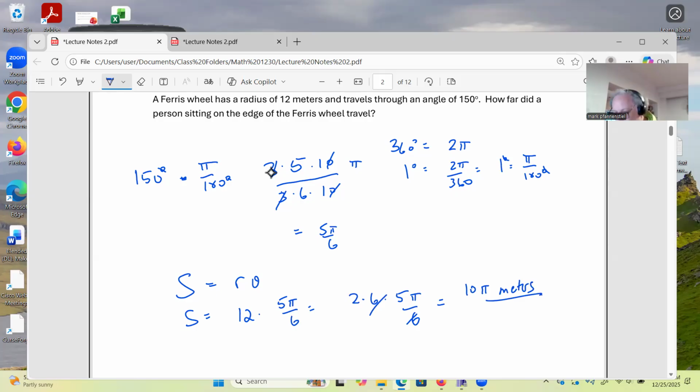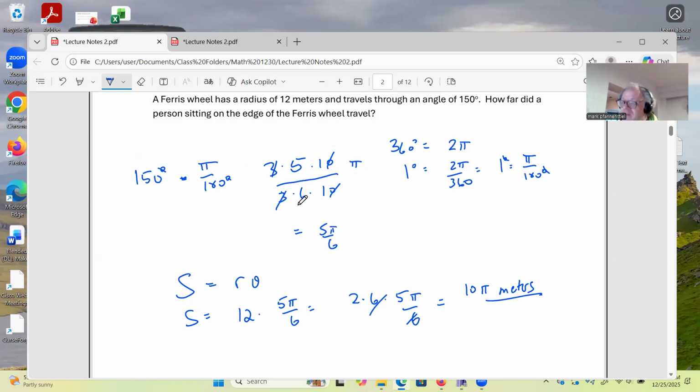Usually in your books, they'll tell you if they want a decimal answer. They will say to report your answer to 3 decimal places, to 2 decimal places, to whatever they want. But if they don't tell us, they usually want the exact value, and we'll let the person responsible for figuring out the stresses on a human body for this Ferris wheel decide what decimal places they want.